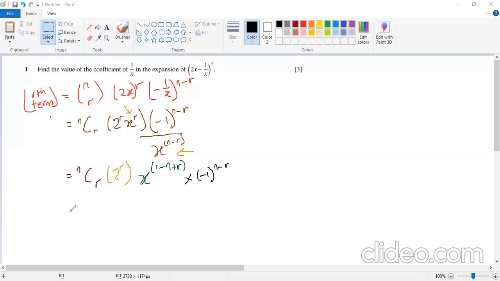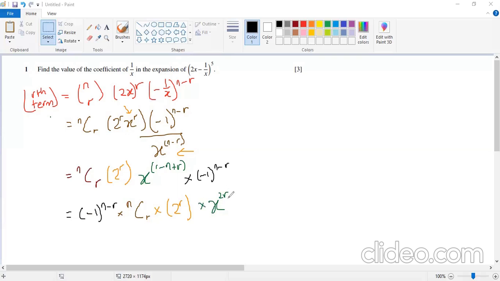Let's reorder these terms. So negative 1 to the power of n minus r, times 2 to the power of r, and then x to the power of 2r minus n. r plus r is 2r.